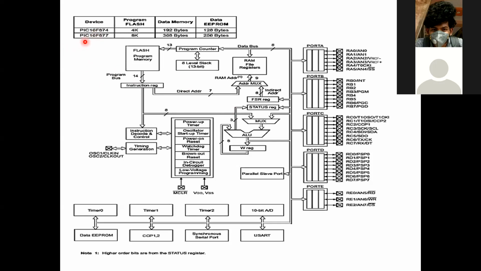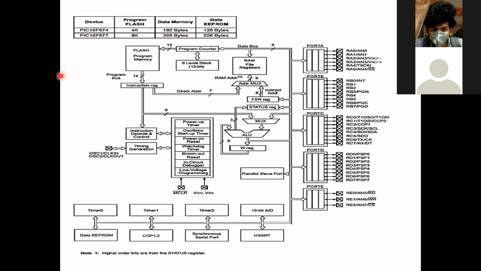Here in PIC 16F877, we have 3 memories: program memory, data memory, and data EEPROM memory. Program memory is 8K, with 4 pages, each page 2K. Data memory is 368 bytes. Data EEPROM is 256 bytes. So this is a small on-chip memory only.